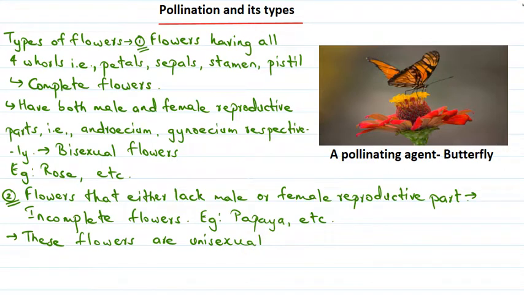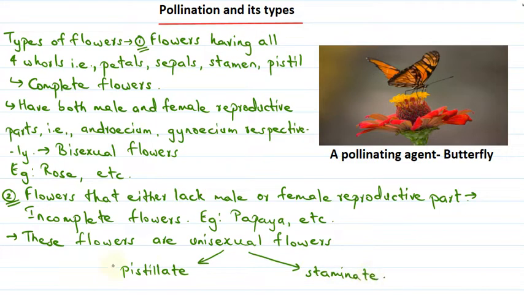We can further categorize them as pistillate or staminate flowers. In pistillate flowers, they only have the female part. In staminate flowers, such flowers only have the male part. Okay, so these are unisexual flowers. So here we have covered the different types of flowers.